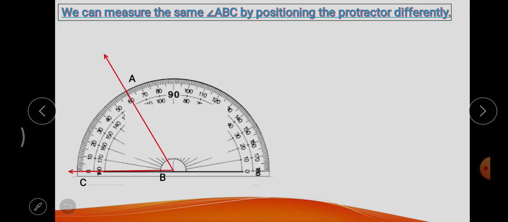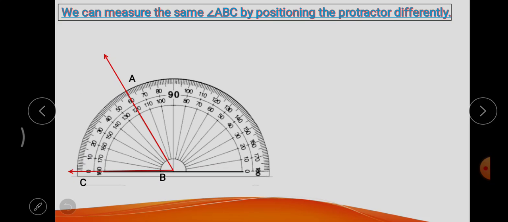So you see over here I have placed my protractor and my BC arm is in the left direction, so I will see the upper angle set of the protractor, and of course it is showing 60 degree over here also. So positioning the angle differently doesn't change the measure of an angle. Okay, so this is a very important point to remember.